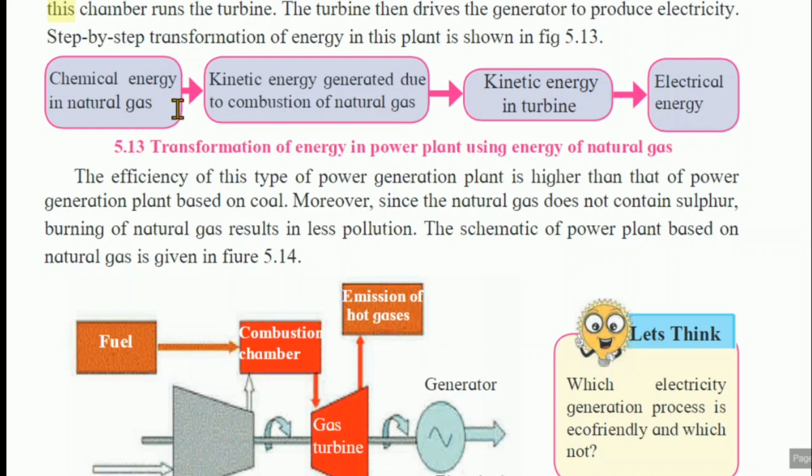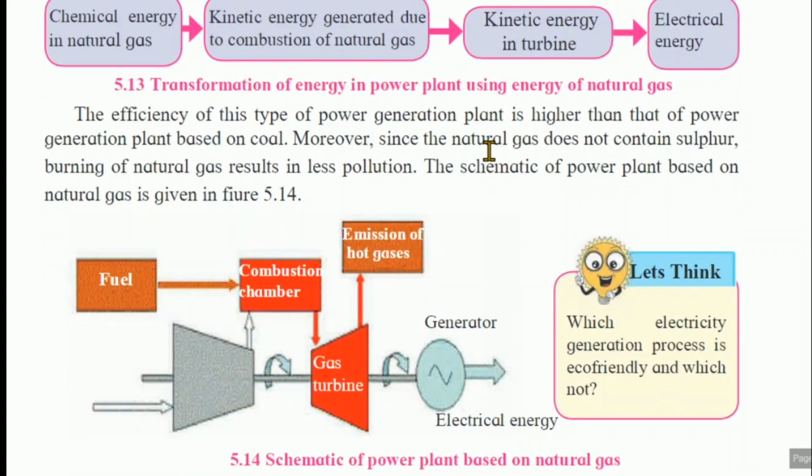That chemical energy we convert into the kinetic energy generated due to the combustion of natural gas. It changes into the kinetic energy in the turbine, and at the last stage it is the electrical energy form. So this is the flow chart which shows us the transformation of energy in a power plant using natural gas.